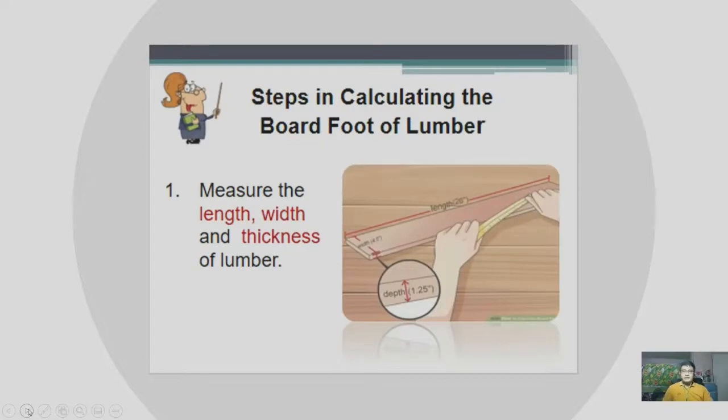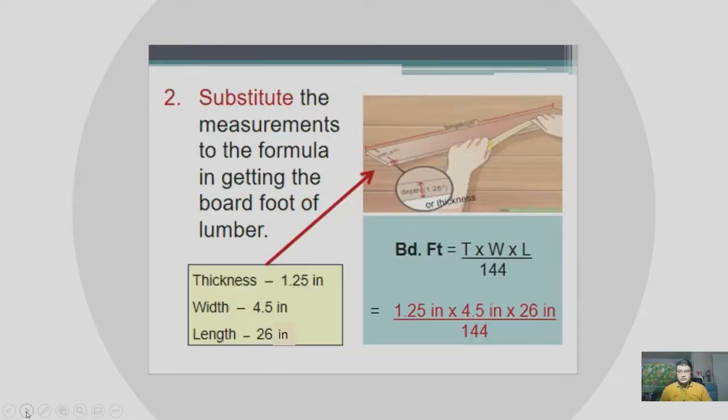We have here the steps in calculating the board foot of a lumber. First thing we have to do is to measure the length, width, and thickness of a lumber using our measuring tools. Second step is to substitute the measurements to the formula in getting the board foot of a lumber. Here we get the thickness at 1.25 inches and the width is 4.5 inches.